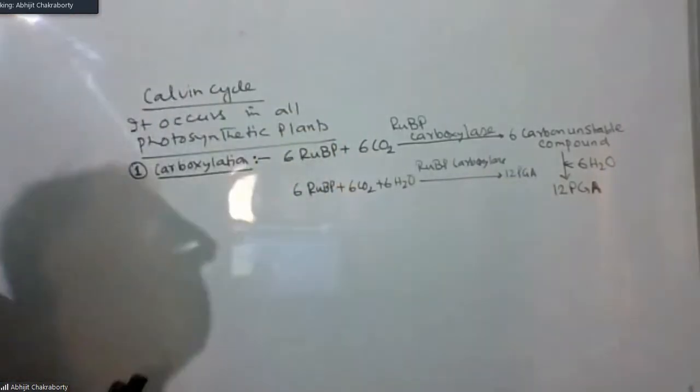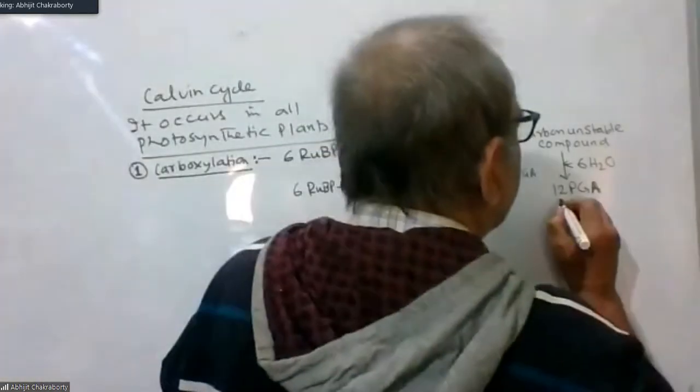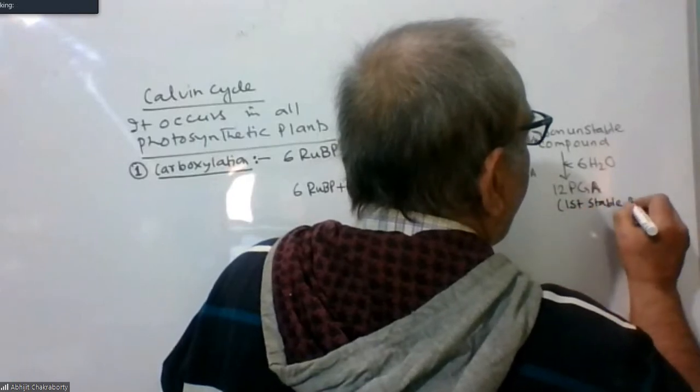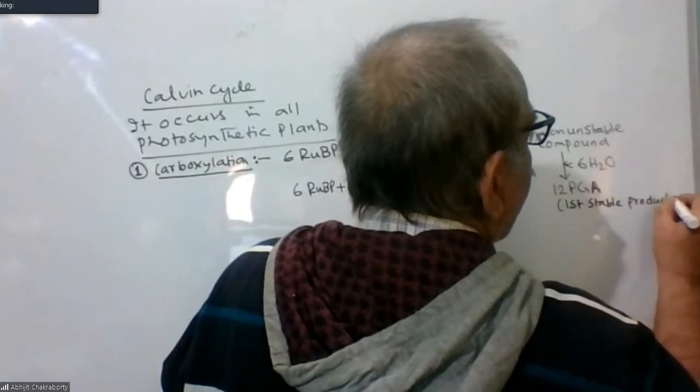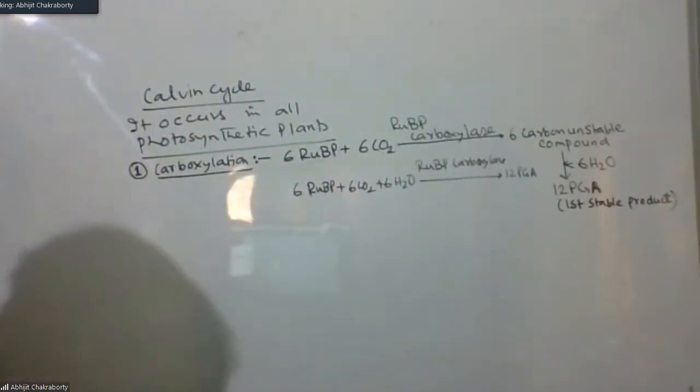That is also true, the same thing. Clear? So this is carboxylation, and PGA is the first stable product.